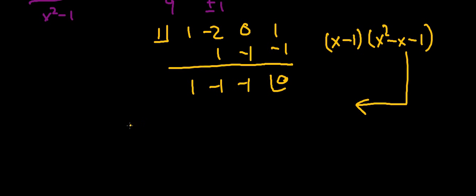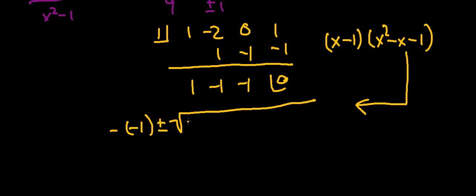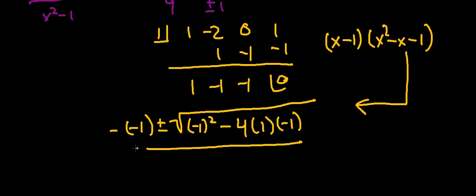So x is equal to minus b, which is 1, plus or minus the square root of minus 1 squared minus 4 times a times c, which is 1 and minus 1, over 2a, which is 2 times 1.